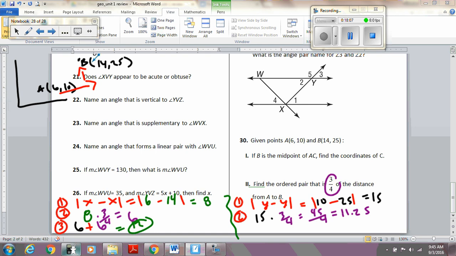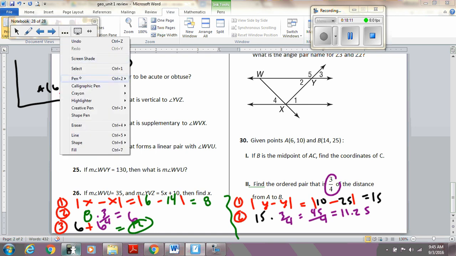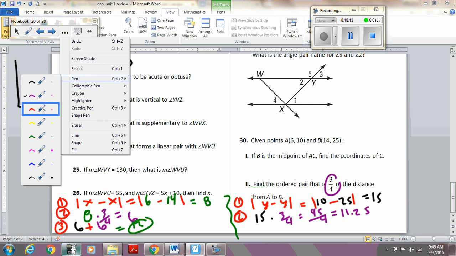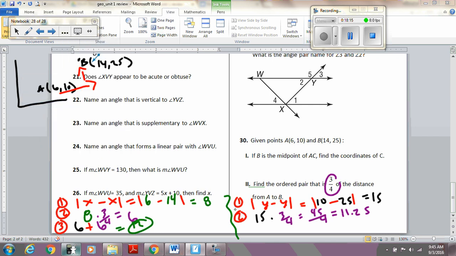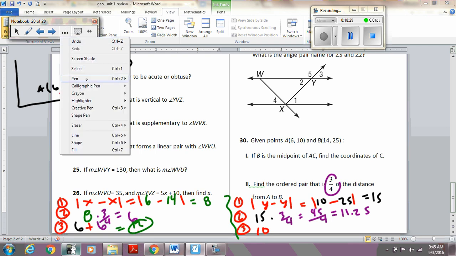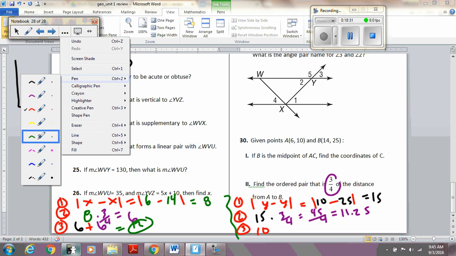All right. And now we've got to write our starting y value. Our starting y value is 10. And since we have to go from 10 to 25, we're increasing. So we're going to add our fractional distance.